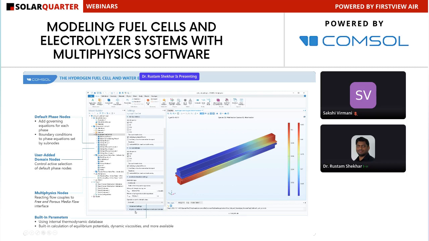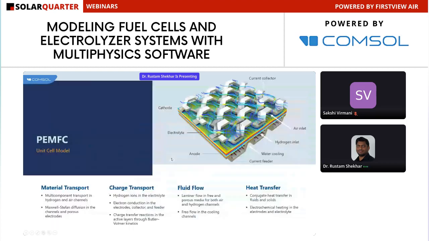And then we can easily switch from fuel cells to electrolyzer by having this drop down. So it will be a very easy to use interface where you can work on fuel cells and electrolyzer systems, with dedicated functionalities and features for your studies.